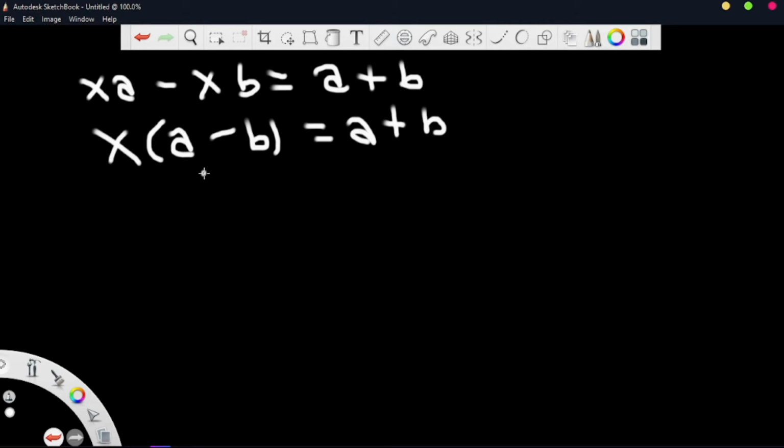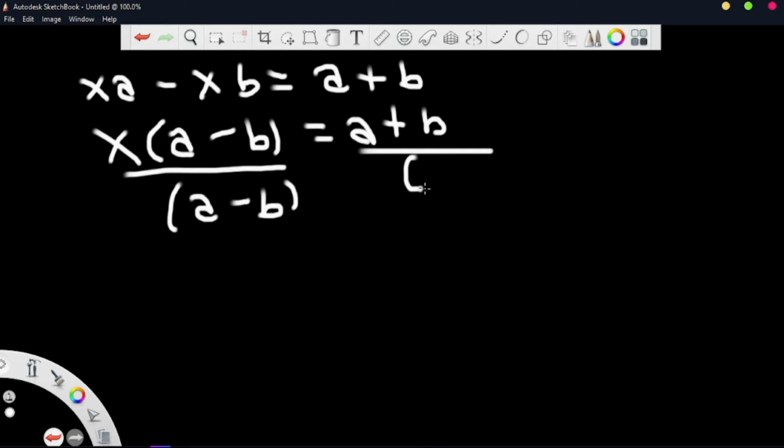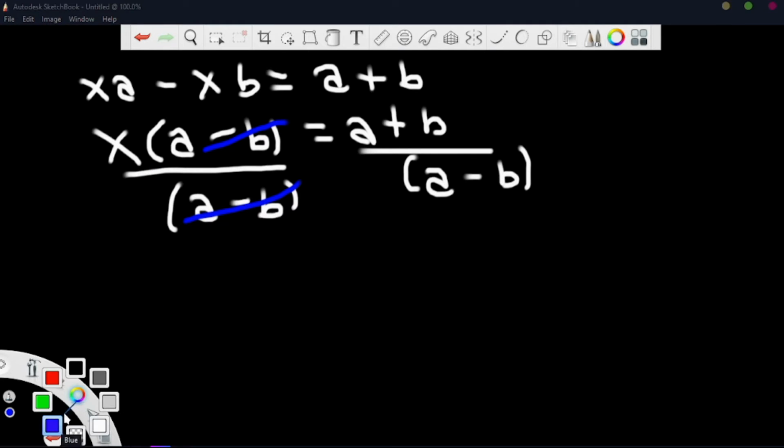Now that I've got the expression in brackets, you can simply divide by a minus b. The same on that side, a minus b. And then notice once we divide by a minus b, this side will cancel, giving us our x which we want.